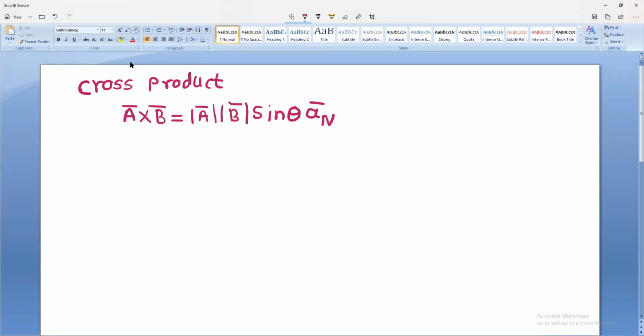So cross product is a vector product. Okay, it is also called a vector product. Dot product is called scalar product and cross product is also called vector product. As this is a vector product, it must be multiplied by unit vector, means it is a vector quantity. Okay.